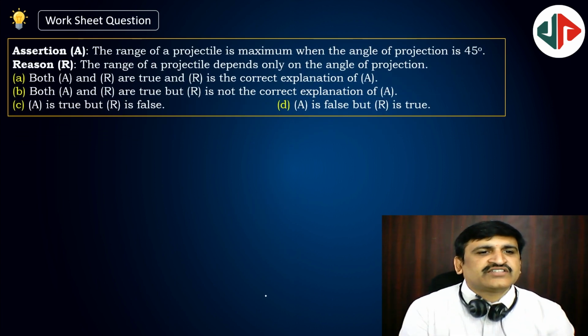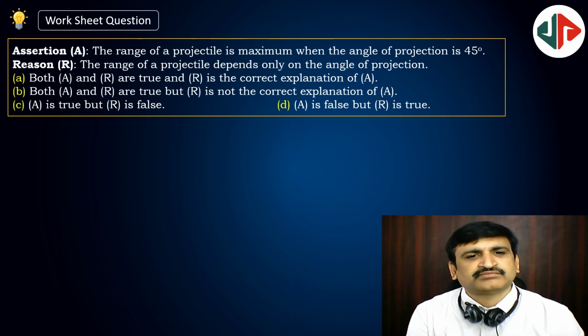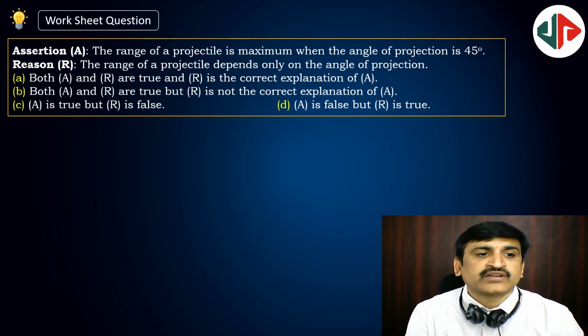The range of a projectile is maximum when the angle of projection is 45 degrees. Correct. The range of projectile depends only on the angle of projection. No. It also depends upon the initial velocity with which it is projected. So both A and R are true.